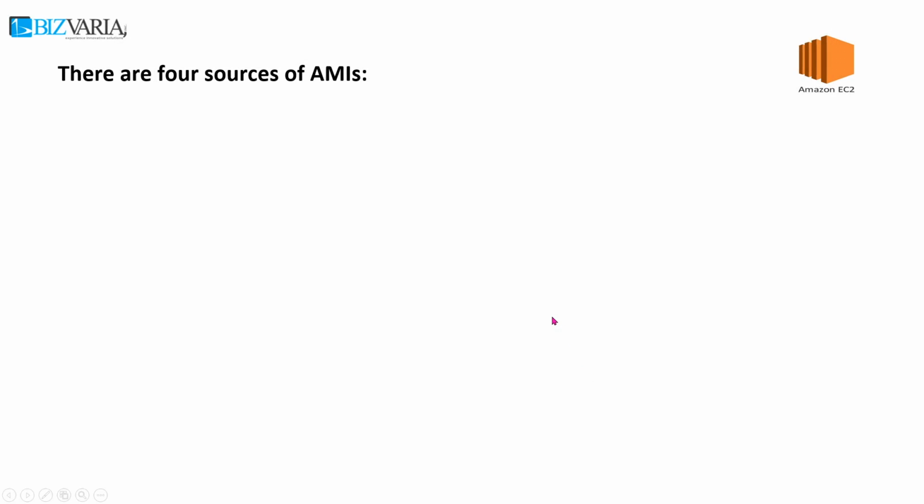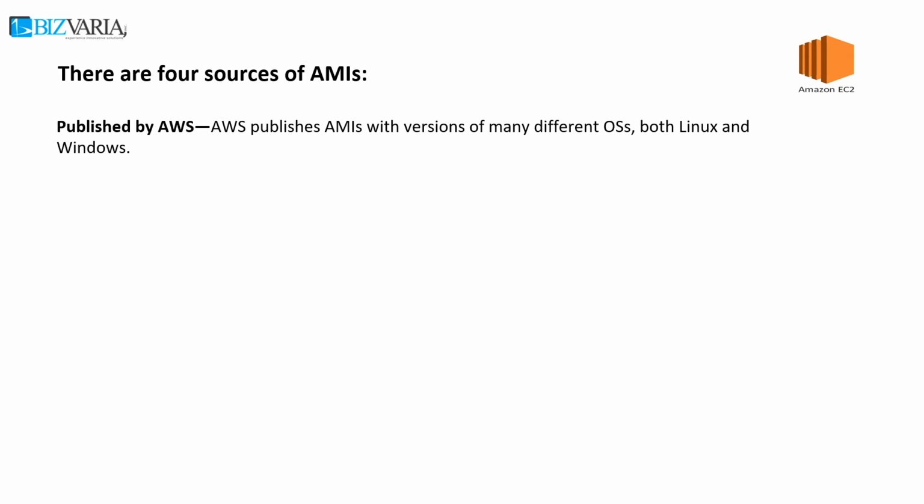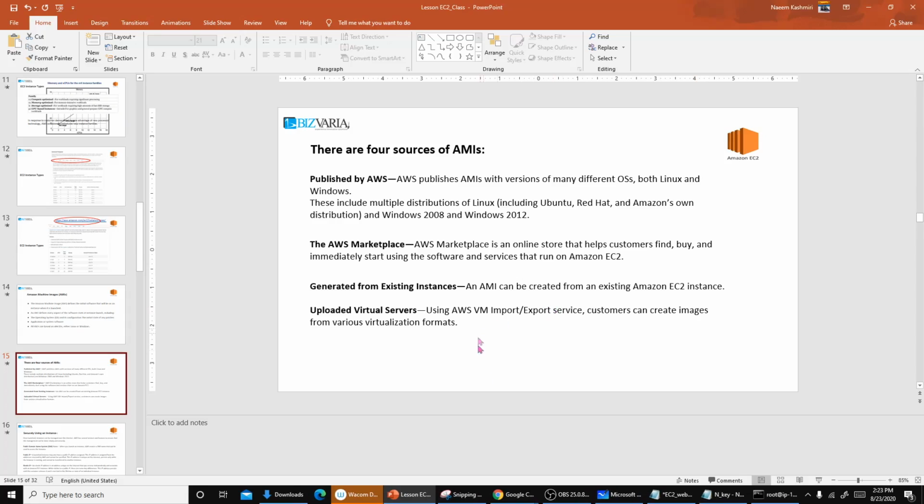Amazon has provided 4 sources from where you can get the images. Number 1 is that Amazon actually publishes these images, and they provide them through their web services page. I think I showed you already.